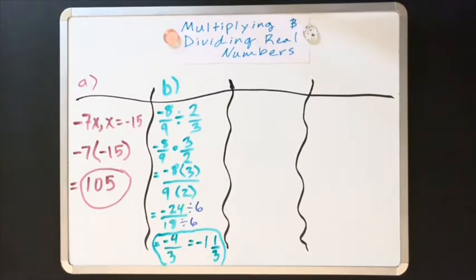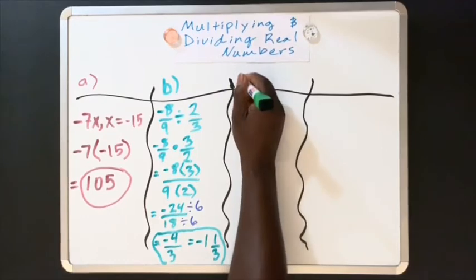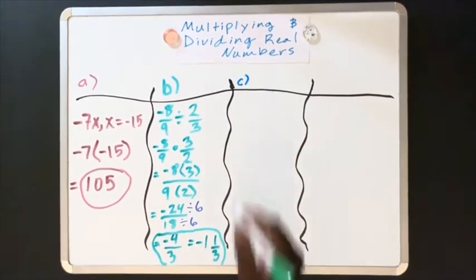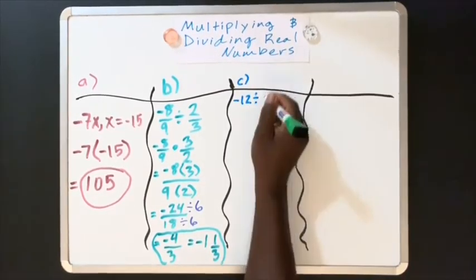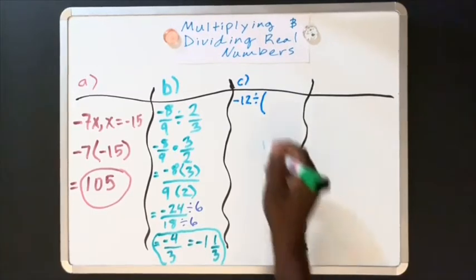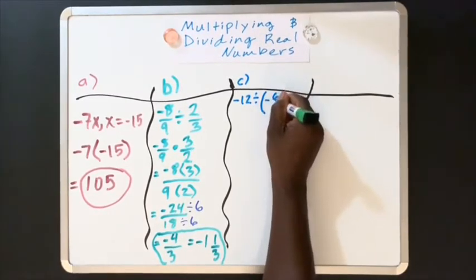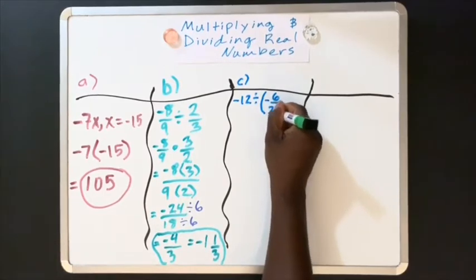Now, let's go ahead and consider when we are dividing fractions and we have a real number that at first does not appear as a fraction. So let's take, I'm going to call this C. Let's say we have negative 12 divided by a fraction, negative 6 over 25.